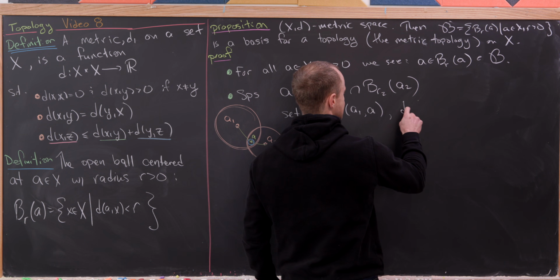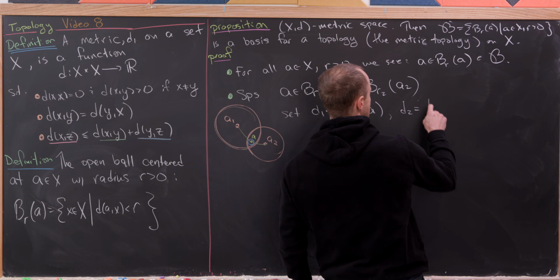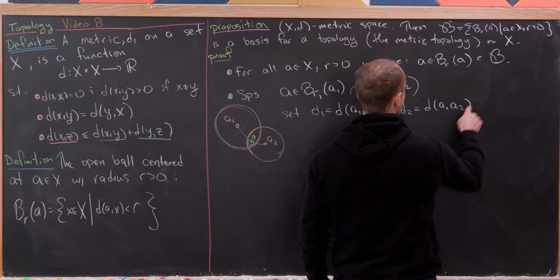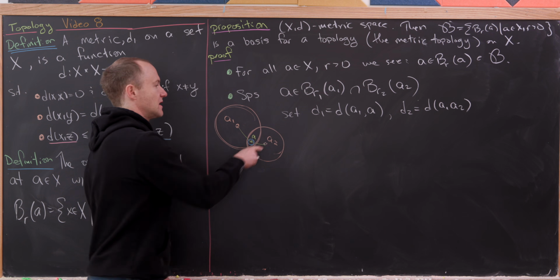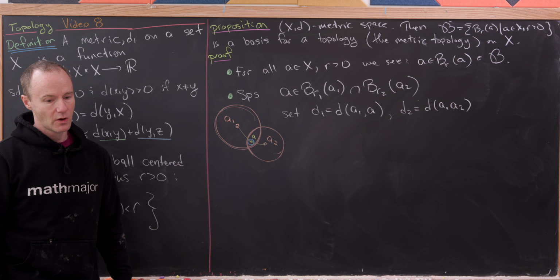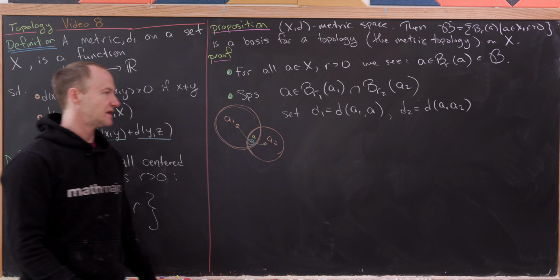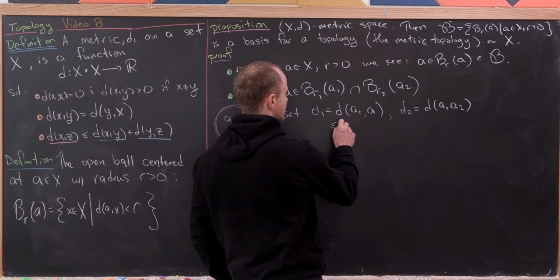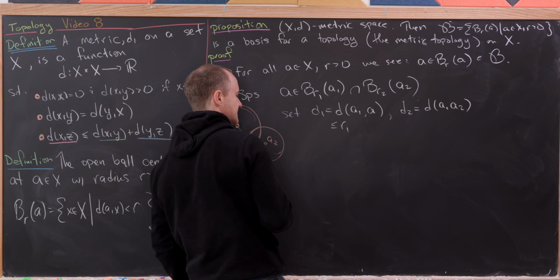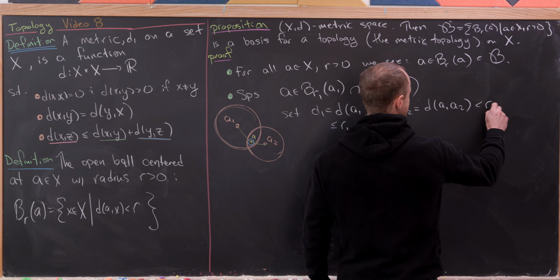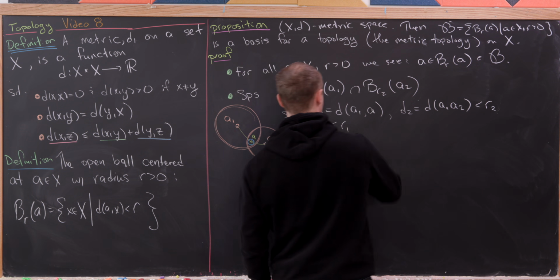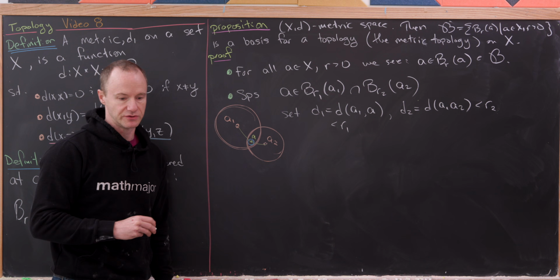And then let's set D2 equal to the distance from A2 to A, so that would be like from here to here. Notice that both of these are strictly less than R1 and strictly less than R2, respectively.